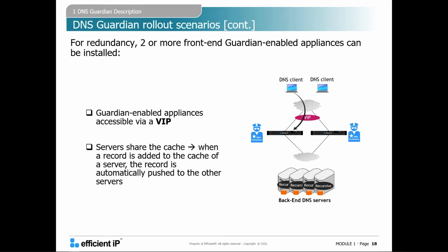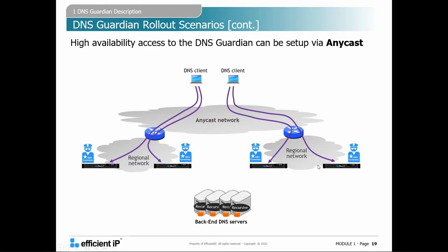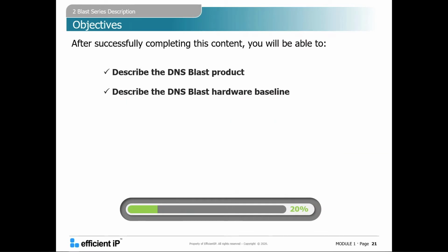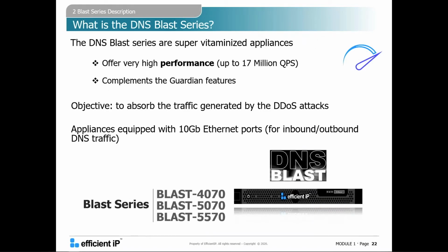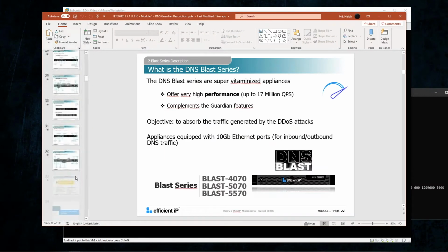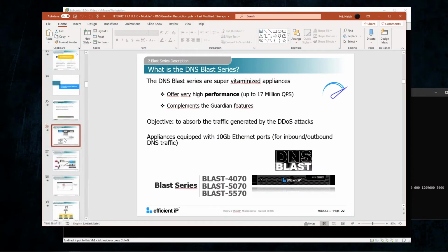You can deploy as a VIP, and then the traffic will always go to the active one. This is just a rollout scenario, not so much on the Anycast stuff. I will skip the BLAST series. This one is more on the high performance platform.